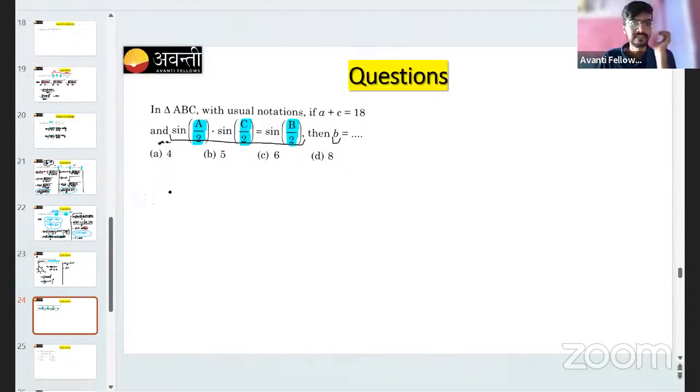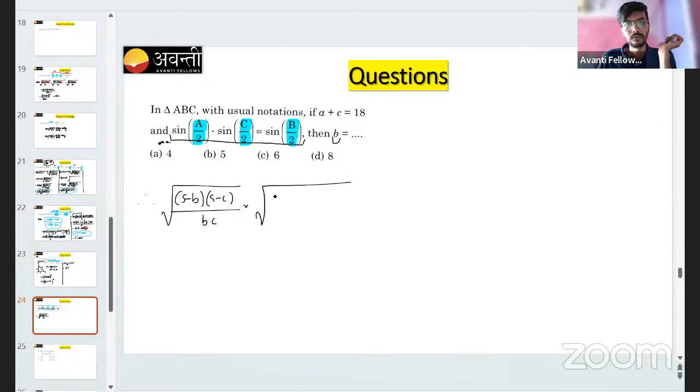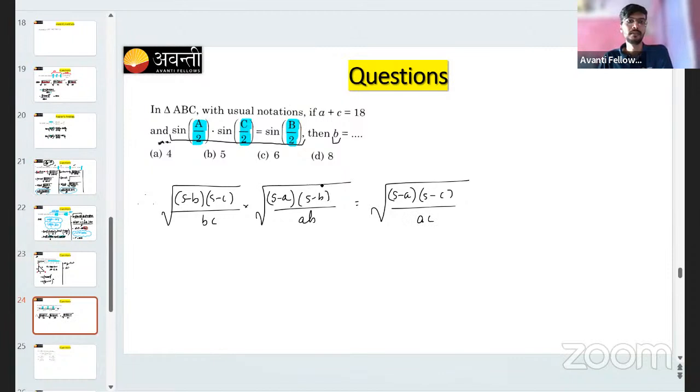So I can write sin A by 2, what was the formula, under root of s minus b into s minus c upon bc, into under root of sin C by 2, s minus a into s minus b upon ab, is equals to sin B by 2, under root of s minus a into s minus c upon ac. Correct?